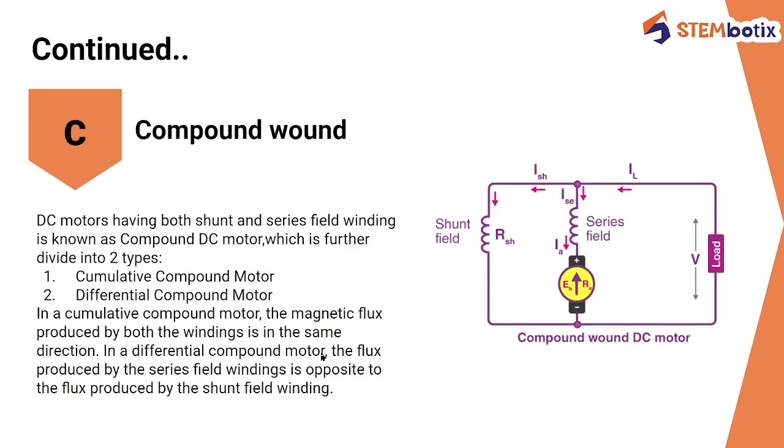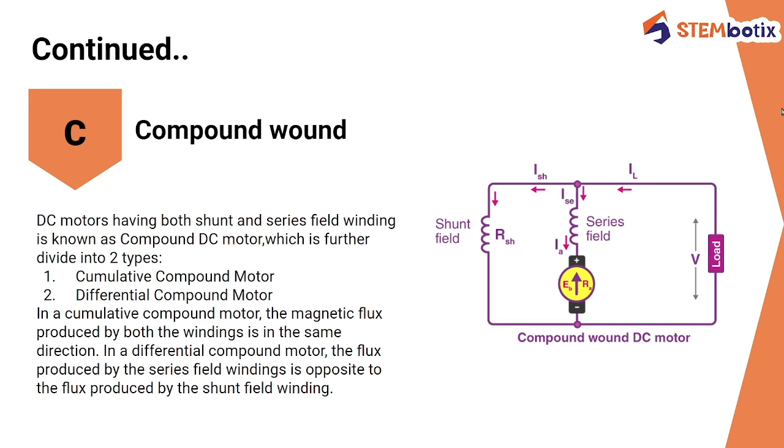Now, the third type is compound wound DC motors. Compound means they have a combination of both series and parallel. Hence, it is named compound wound, meaning it has both series and shunt field winding. These DC motors are known as compound DC motors, which are further classified into cumulative compound motor and differential compound motor.